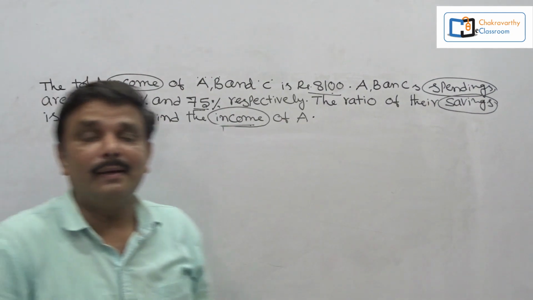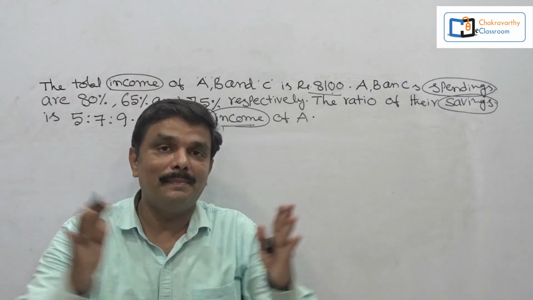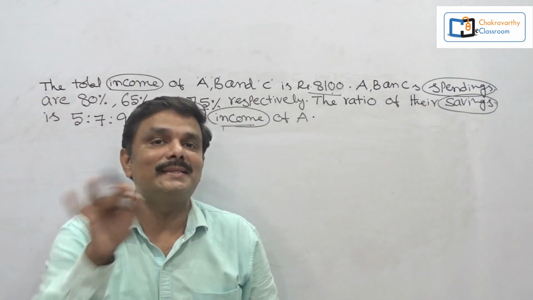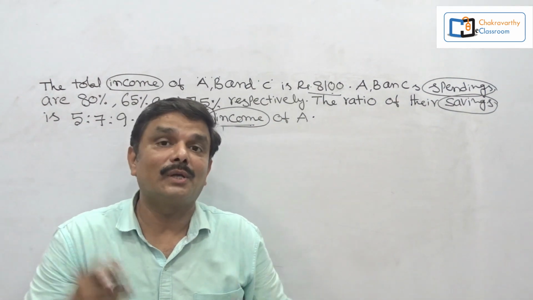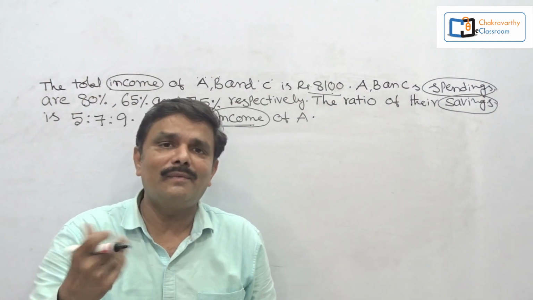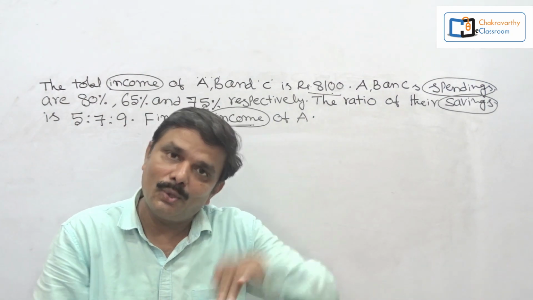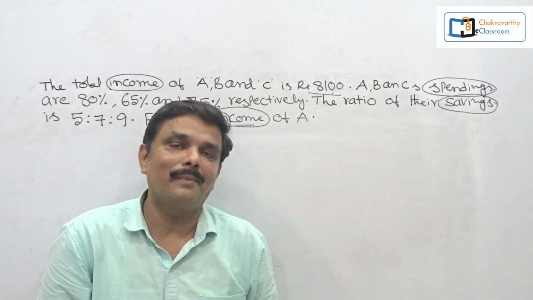That means I need the ratio of A, B and C's income. There is at least a clue about their income in one way or the other. In some advanced questions, they won't even ask us to find the ratio; without finding the ratio also, you can go for it. That depends upon the question.